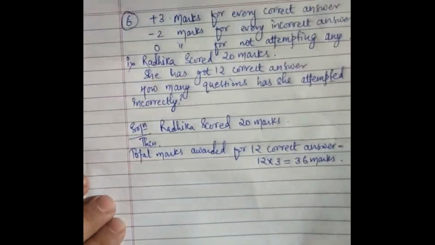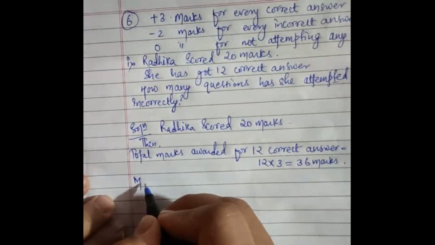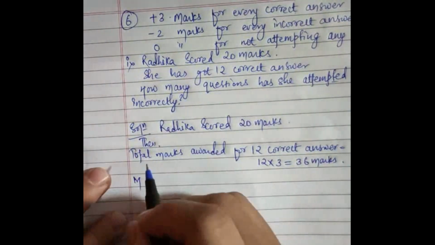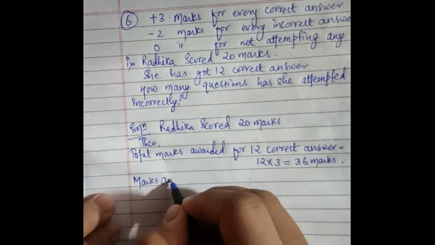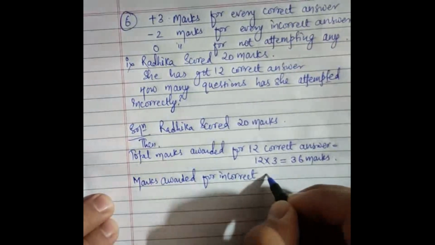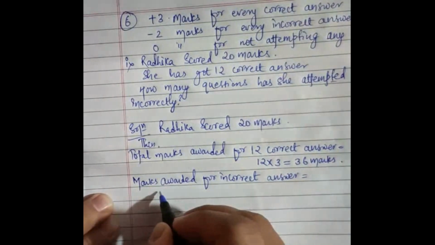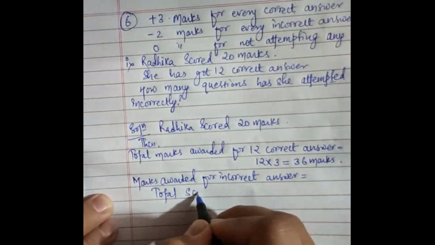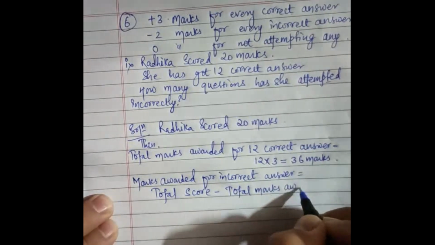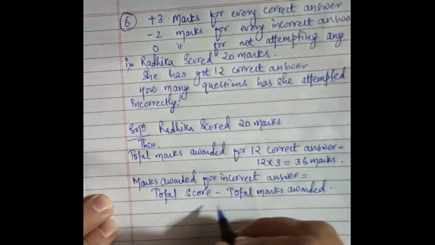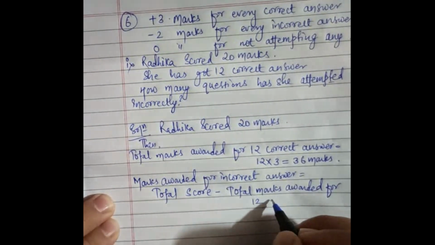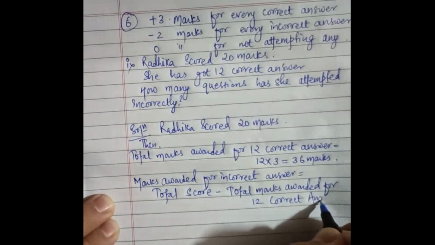Similarly, to find how many questions she has attempted incorrectly, marks awarded for incorrect answer is equal to, let me write here, total score minus total marks awarded for 12 correct answers, isn't it?